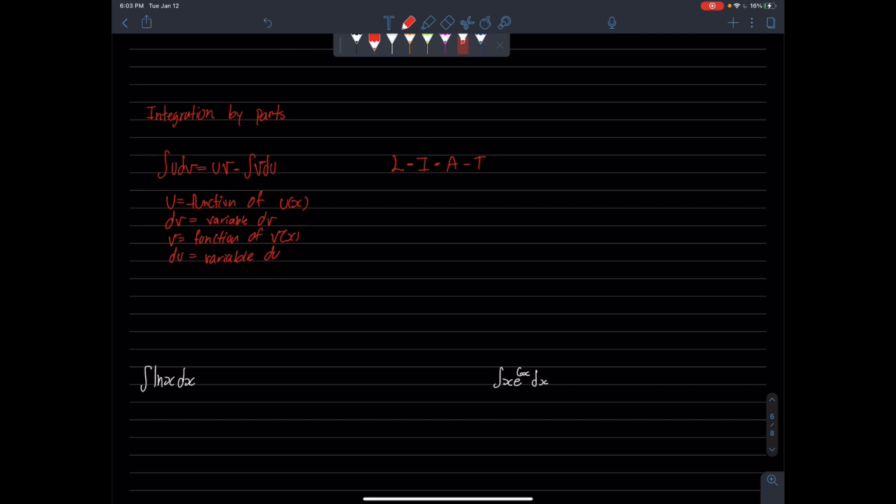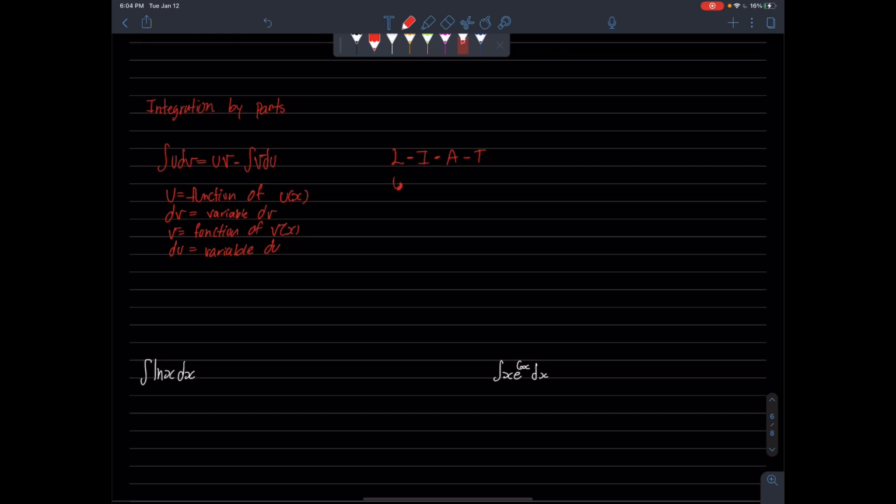It stands for logarithmic, inverse trig, A is algebraic function, and T would be for trigonometric functions.